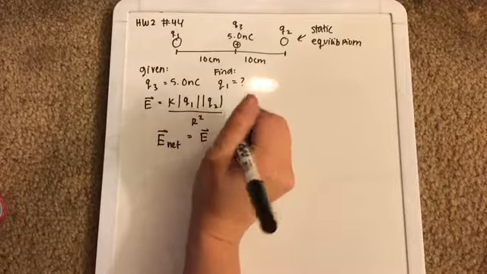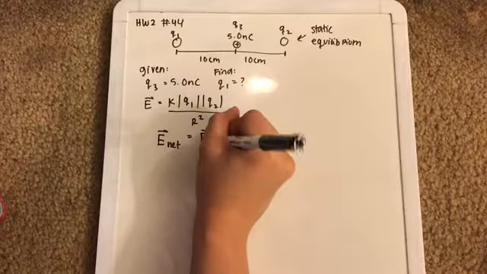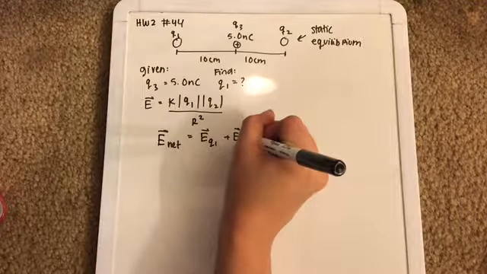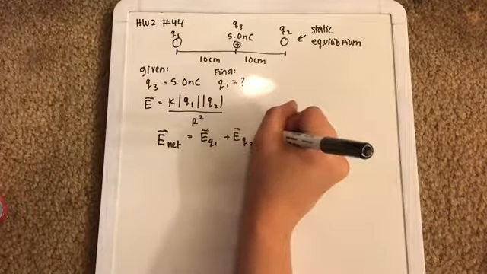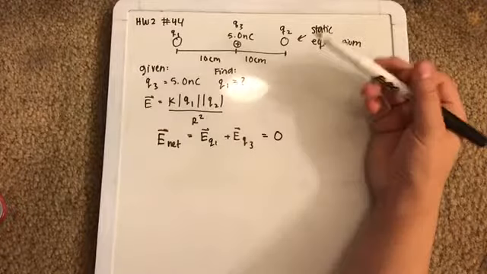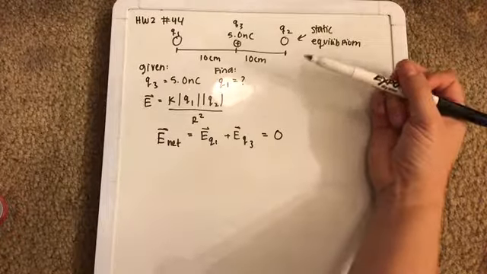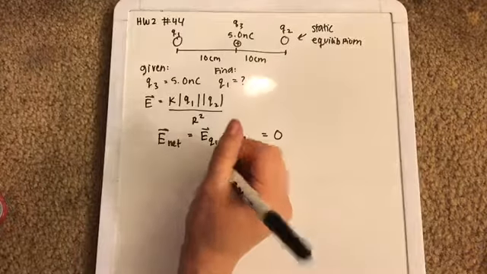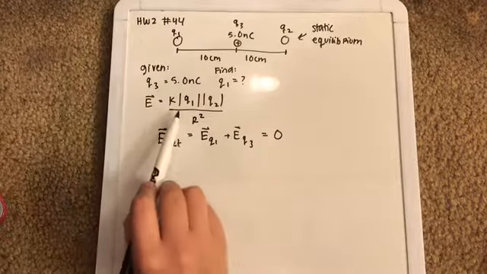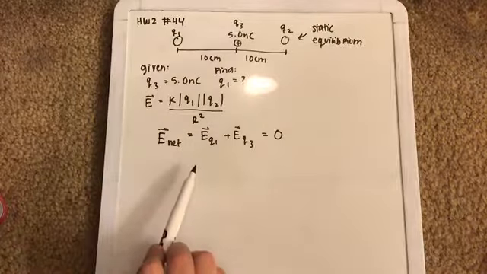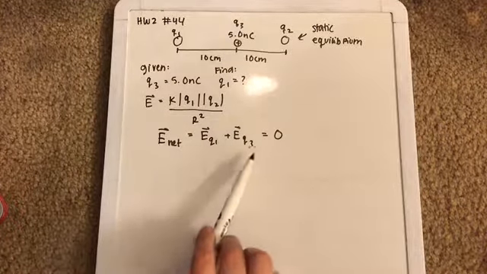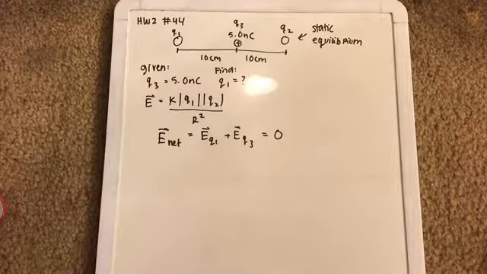So we have the electric field of Q1 plus Q3 equaling 0 at Q2. Okay, so then what we can do from here is break up this equation into two separate parts for point charge 1 and point charge 3.